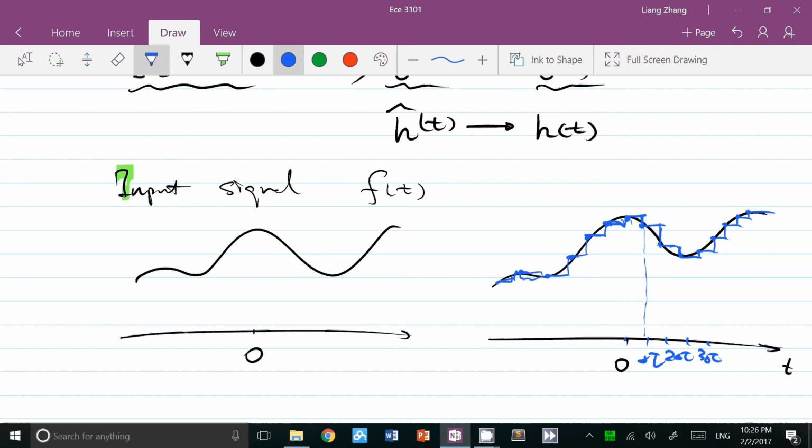So we're kind of constructing a copy of my f of t, and if you only focus on the staircase going up and down, if I call it f hat of t, it looks like f, but it's a different one.